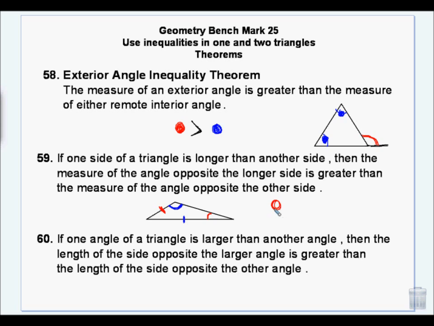So red greater than blue. Sorry, wrong way. Blue greater than red. Right, because this side is shorter, so this angle is going to be smaller than this angle from this long side.